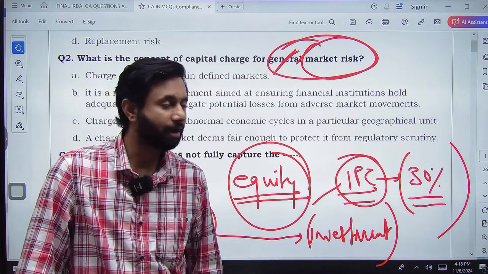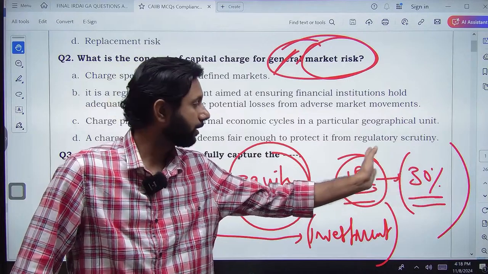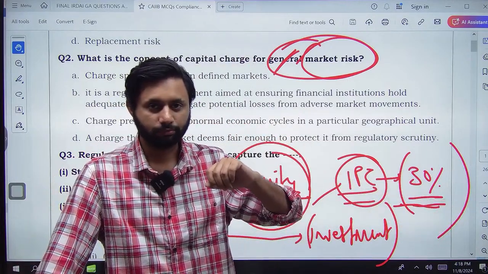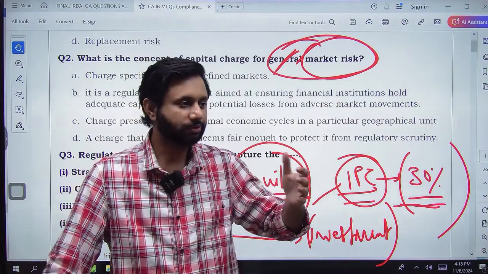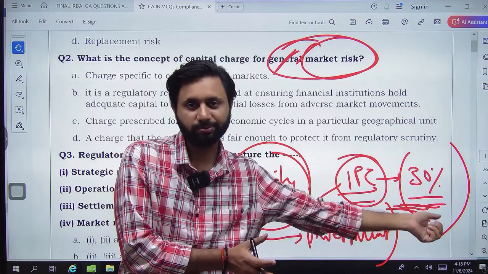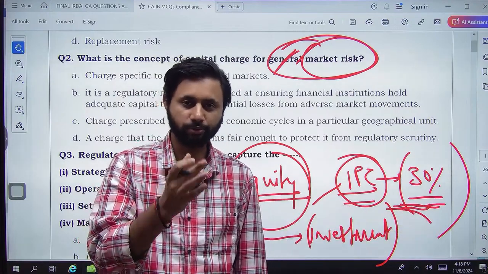Assume that in your T+2 settlement cycle, your security can sustain up to 30% loss. That means you should have some amount of money that can accommodate this much amount of market risk or market associated fluctuation risk.